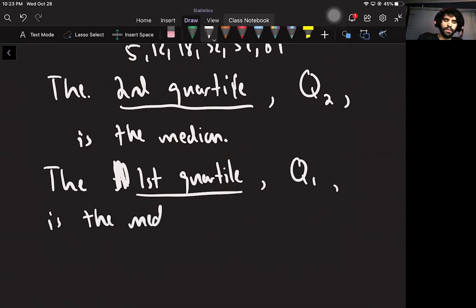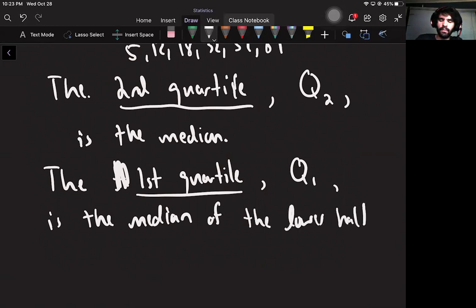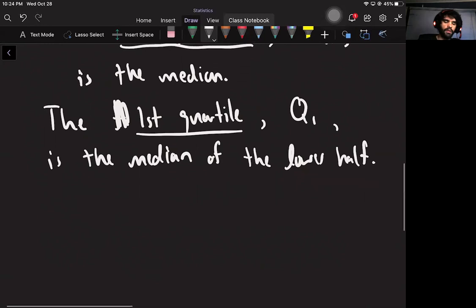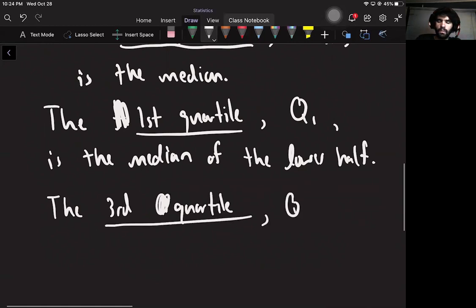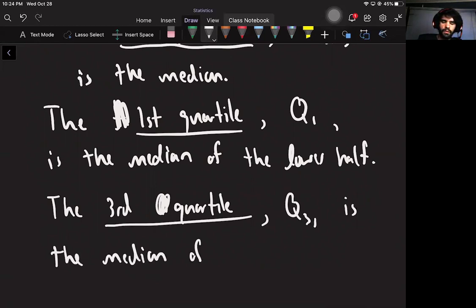So we'll see how this works with an example. It's the median of the lower half of the data. So maybe you can guess what the third quartile is then. It's just the median of the upper half. So those are all the quartiles.